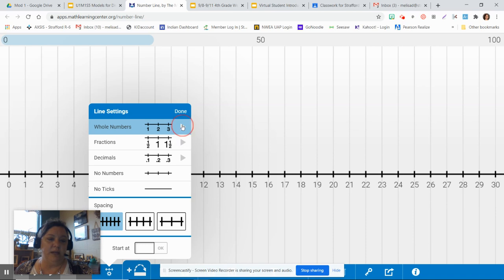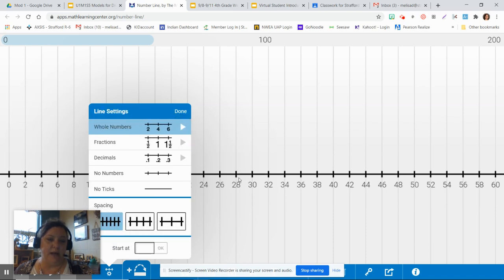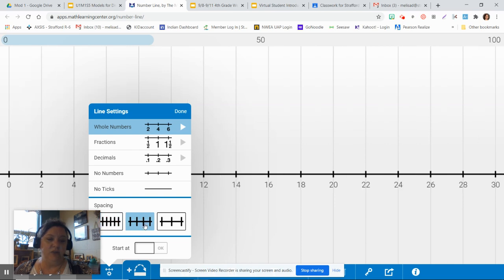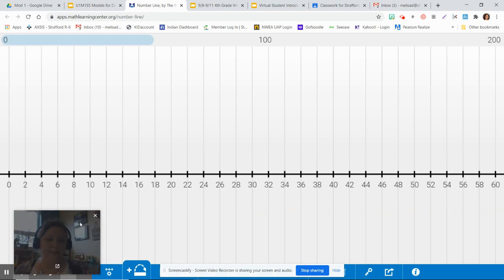So I'm going to change this to be by 2s so that I can fit what I need. Now I can stretch it out a little. Oh, that's too much though, isn't it? Notice we don't get to 32 that way. So we'll stick with this. And I'm going to hit done.